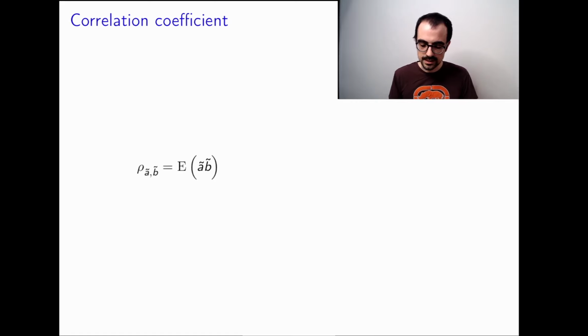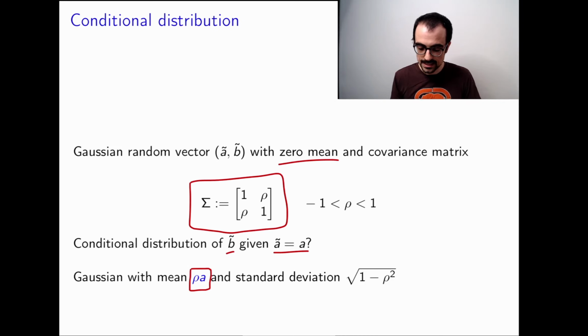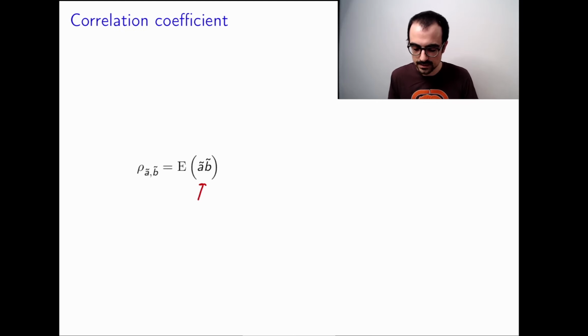Here we already see that these guys have unit variance and zero mean, so they're standardized random variables. We just need to compute the expected value of their product.